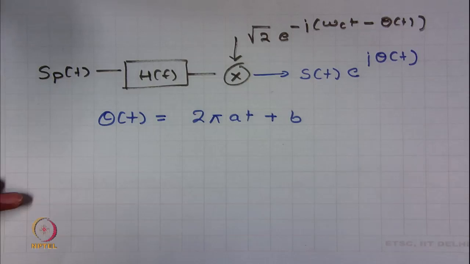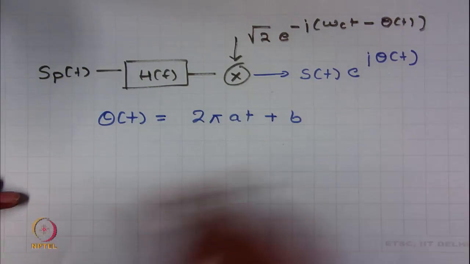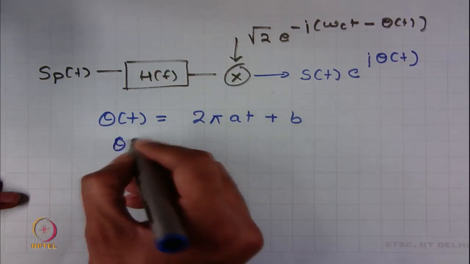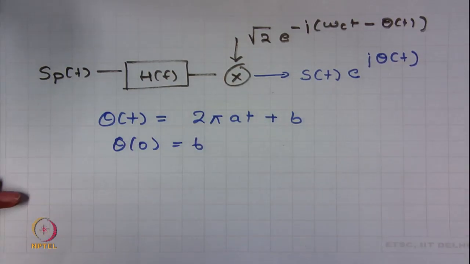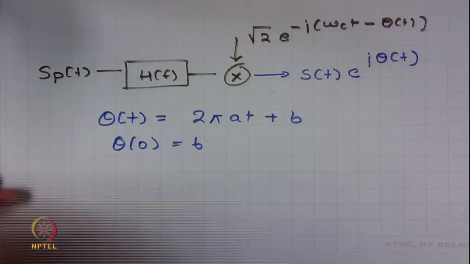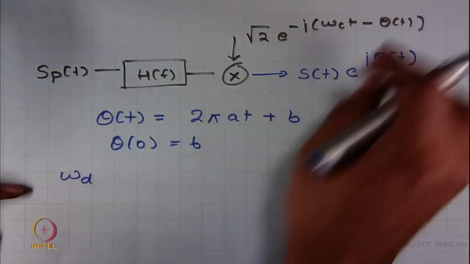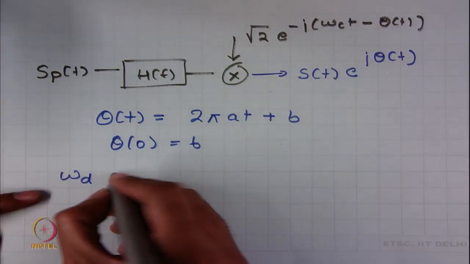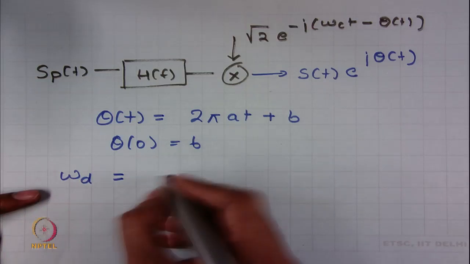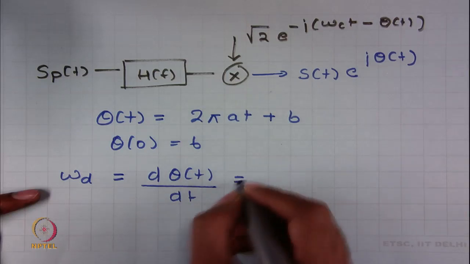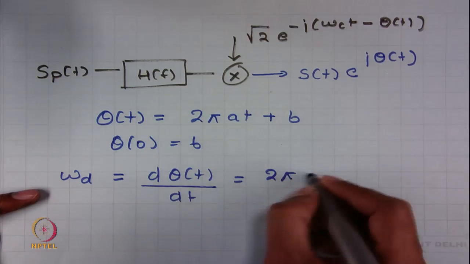So, the phase varies linearly with time and there is some initialization value. When you put t equal to 0, then you have b, otherwise the phase varies linearly with time. Now, if you look at this expression, if I want to find what frequency deviation this would create, the angular frequency deviation would be d theta t dt, which in this case would be 2 pi a.